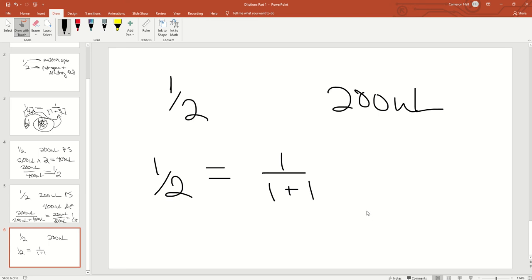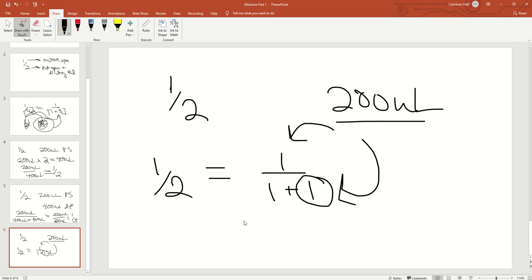So, this is the number you multiply by. 200. When you're trying to figure out how much diluting fluid you need to add. Right? So, if we have 200 microliters of patient specimen representing 1 part, then we got to multiply by this to figure out how much diluting fluid.